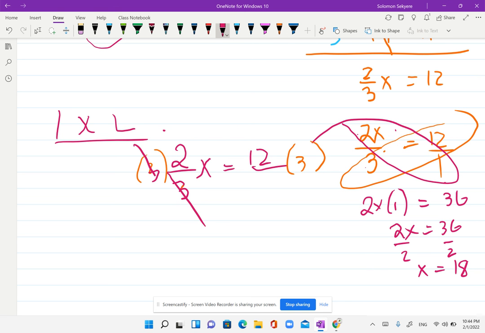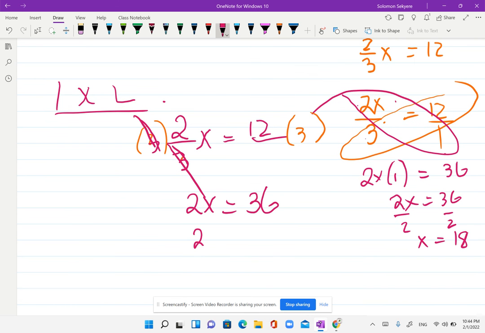You multiply both sides by 3, but don't multiply the 3 times 2. Just cancel the 3's. And you'll be left with 2x equals 36. And then finally, 2x over 2 equals 36 over 2, and you say x equals 18. So the same thing.